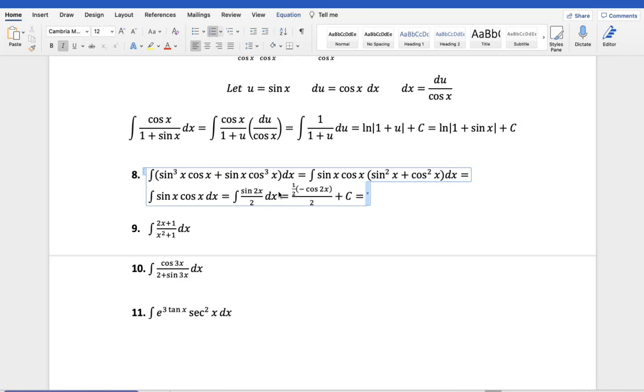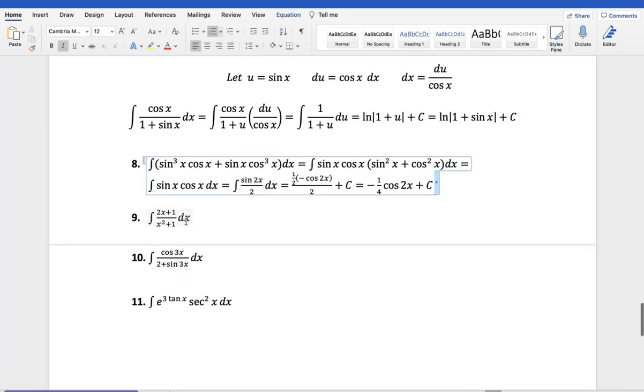We can simplify this further to just be negative 1 over 4 cos of 2x plus c, the constant. And that should be our final answer.